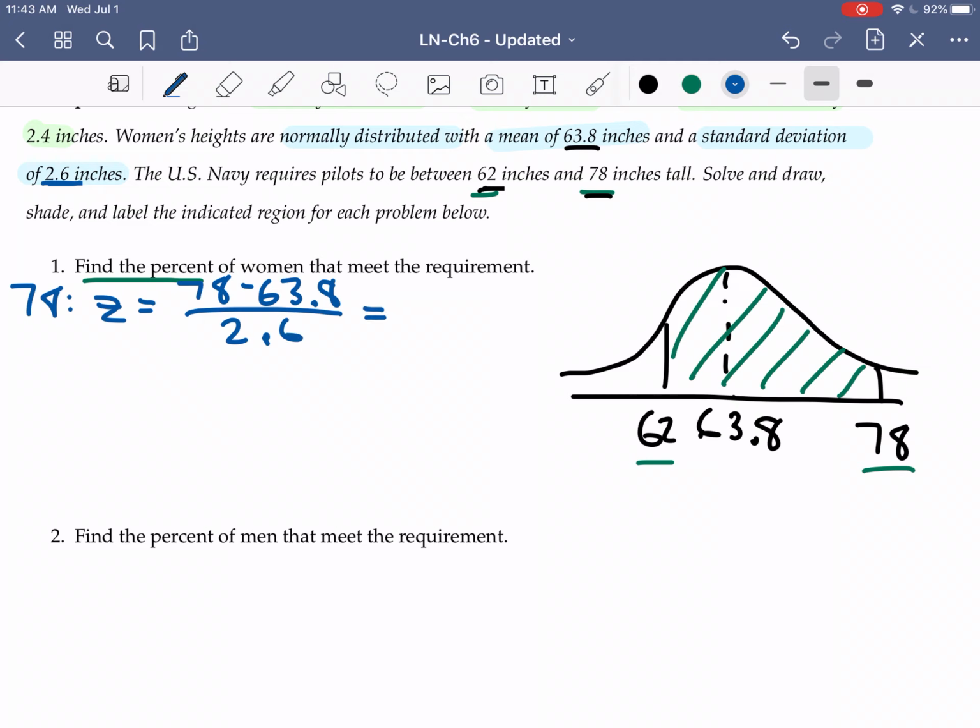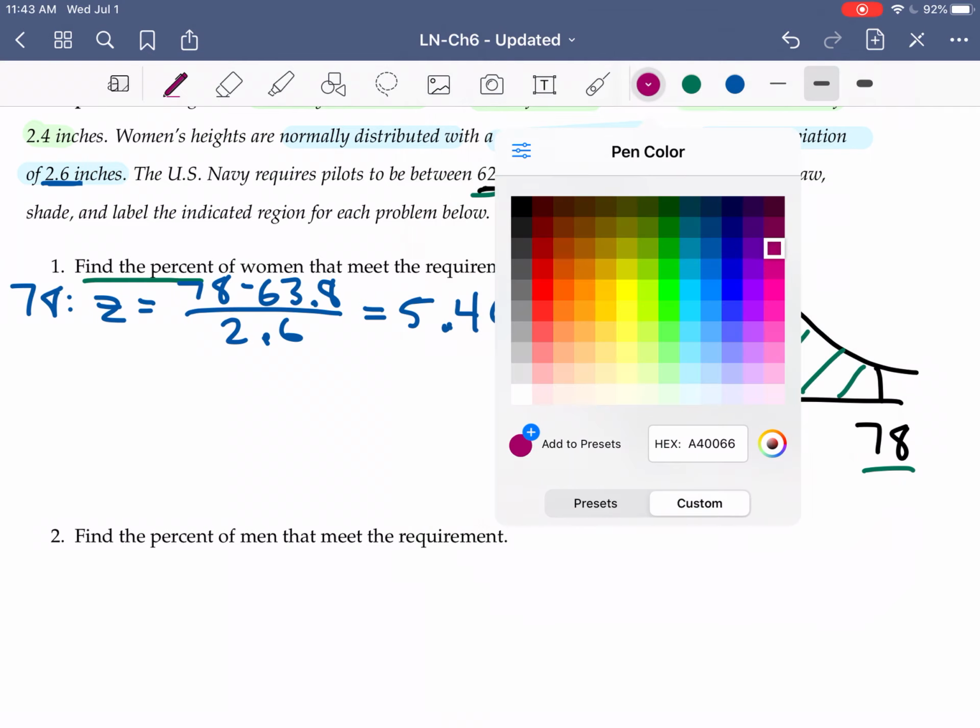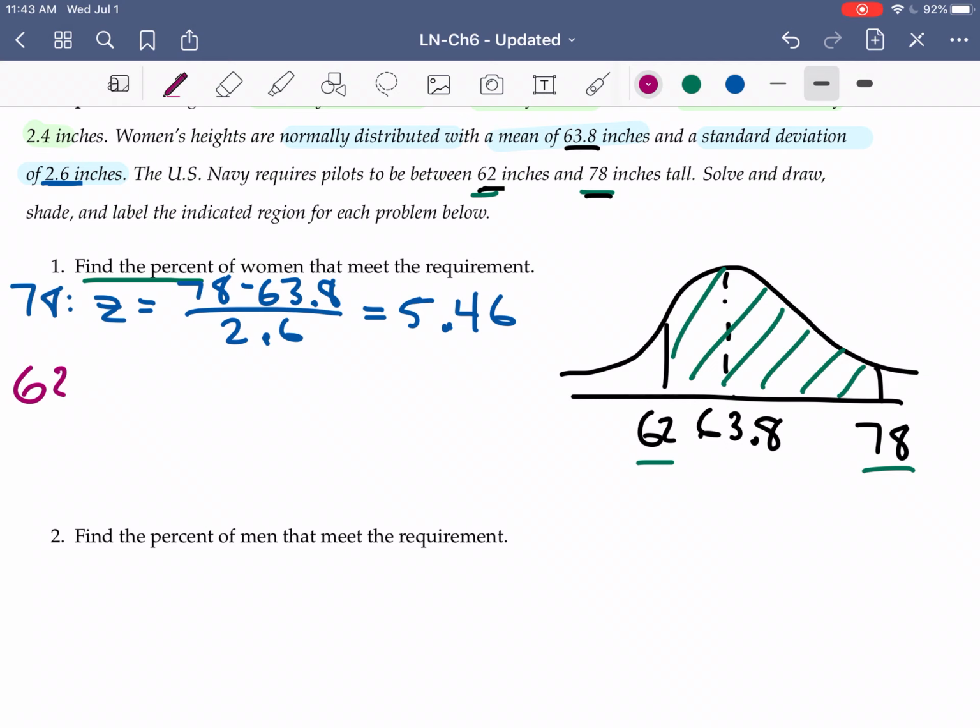So we have 78 minus 63.8 divided by 2.6. And when we do that, we get something like 5.46. We will also convert the other data value, the 62, to a z-value as well.